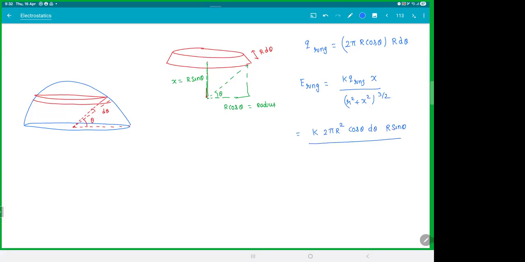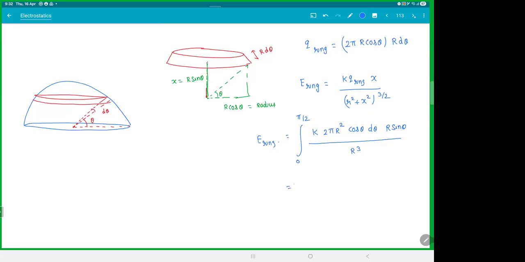Denominator would be r square, so that would be r cube. In this scenario, limits will go from 0 to 90. And that is the best part. So tomorrow, if someone asks you, not a full ring but part of a sphere, you can change the limits. So r cube will go off.